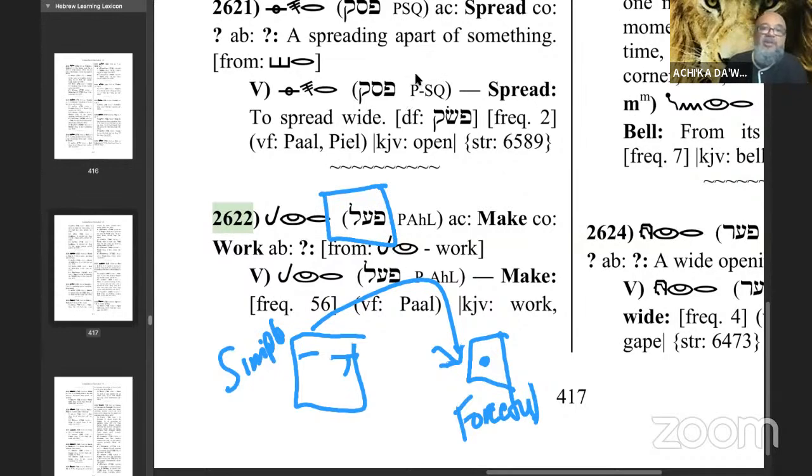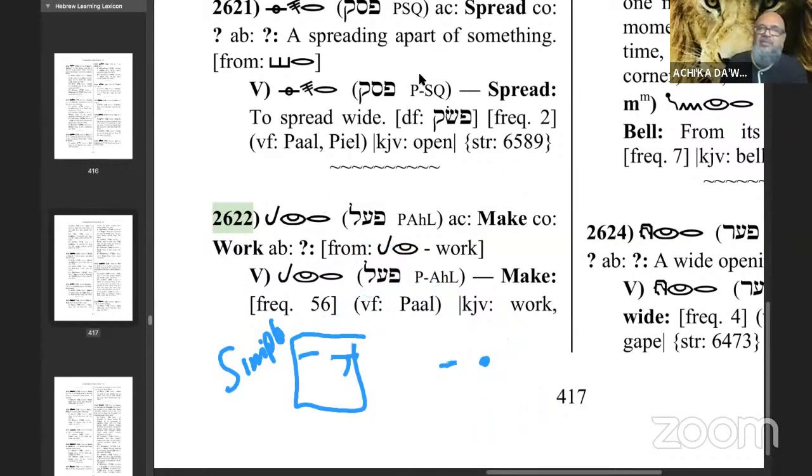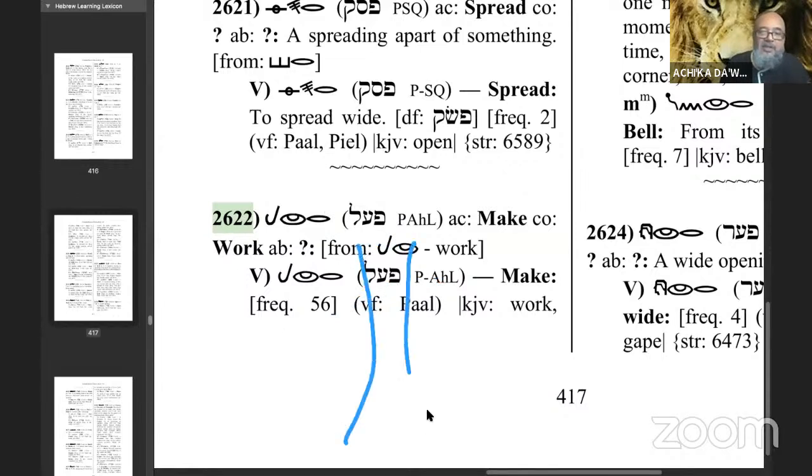So when we talk about the pa'al, that's the reason why they're using it as the stem, because it has to do with a very simple action, and it has to do with making, to make something. Concrete, to do the work. And it comes from the root that we went over today, an ayin and a lamed, which have to do with what?